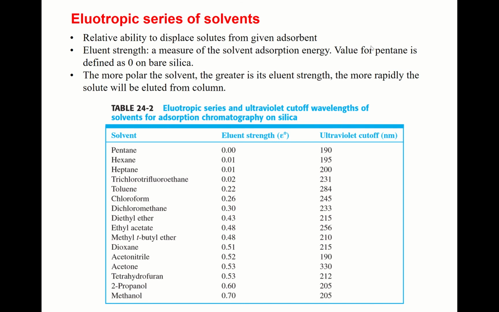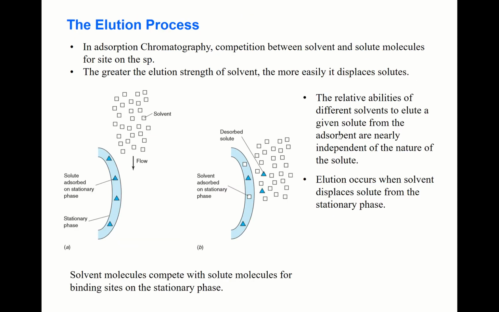The eluotropic series of solvents ranks solvents by their relative abilities to displace solute from a given adsorbent. So here again in this figure, these solute molecules adsorbed on the stationary phase must be replaced by solvent molecules, right?